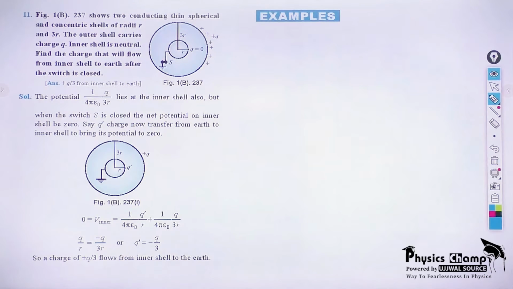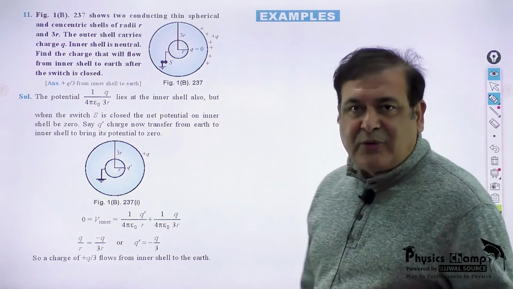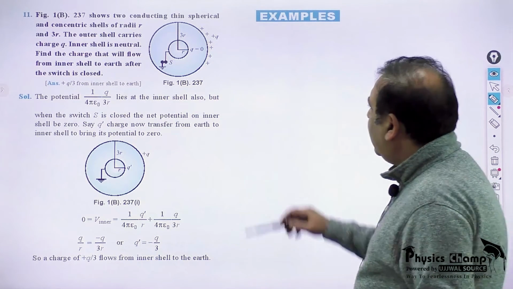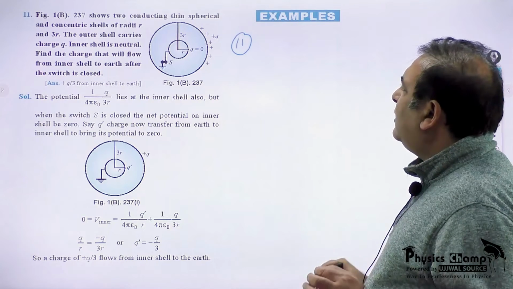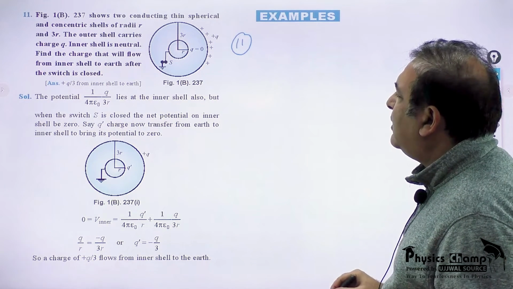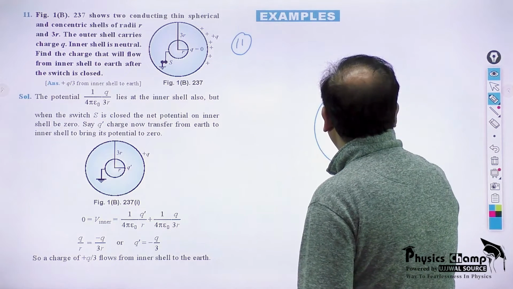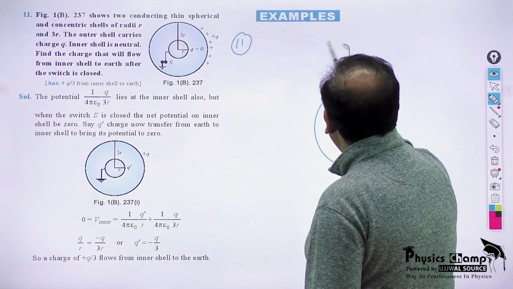Now question number 11 is another reverse question, an interesting one on the same concept of earthing. It says there are two conducting thin spherical concentric shells of radius small r and 3r. The inner one has radius r and the outer one has radius 3r.